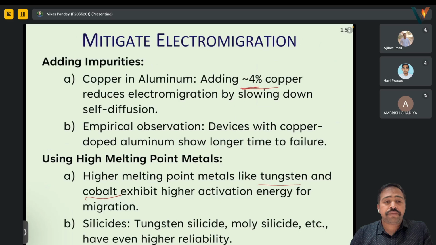So why not any other metal? Why copper? Why did people shift to copper? One is that copper has very high conductivity. It counters the effect of resistivity-limited speed and performance.